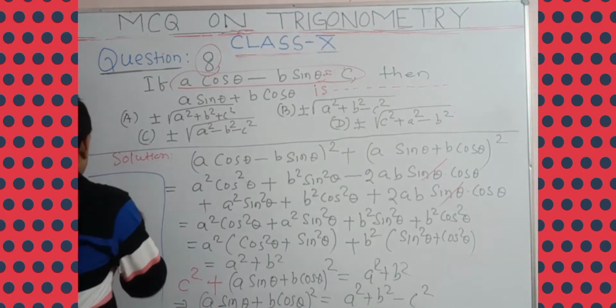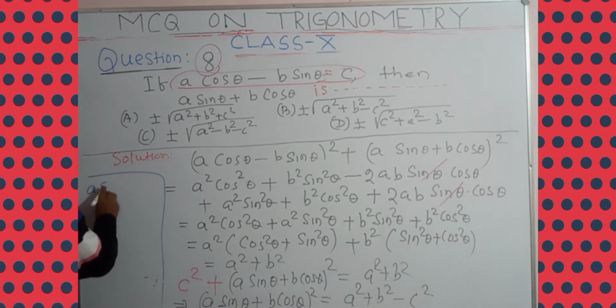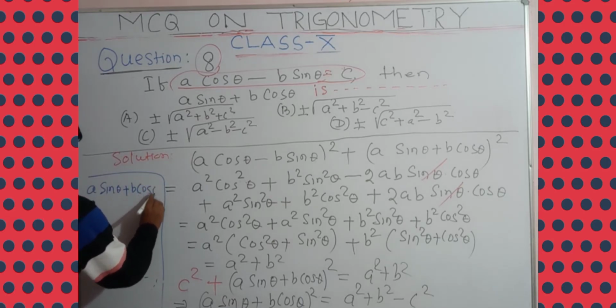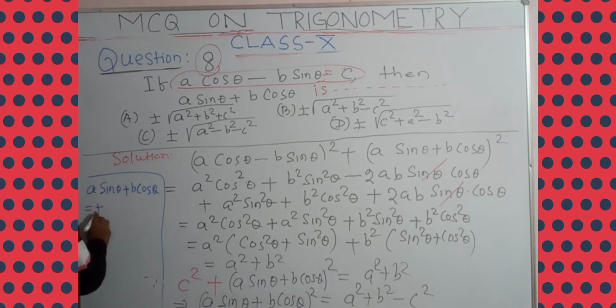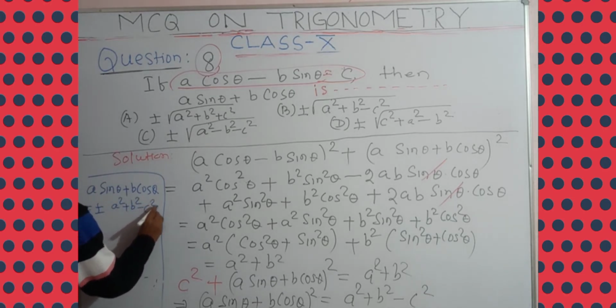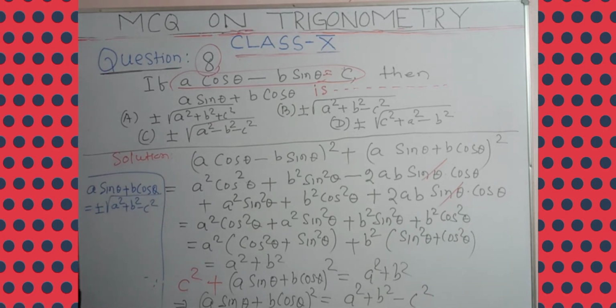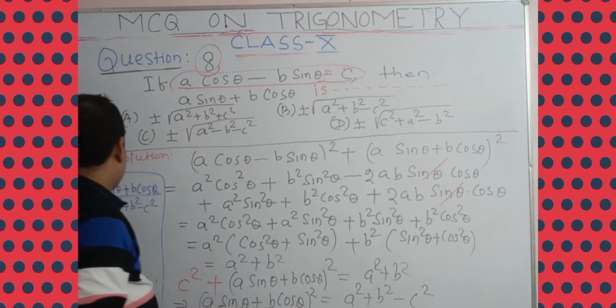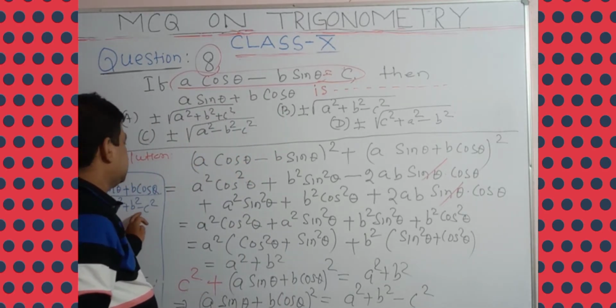Hence a sin theta plus b cos theta is equal to plus minus square root of a square plus b square minus c square. Understand? So we got the value of a sin theta plus b cos theta as plus minus square root of a square plus b square minus c square.